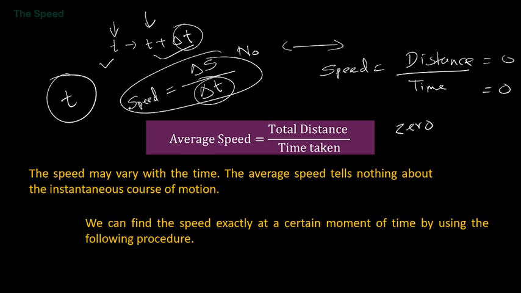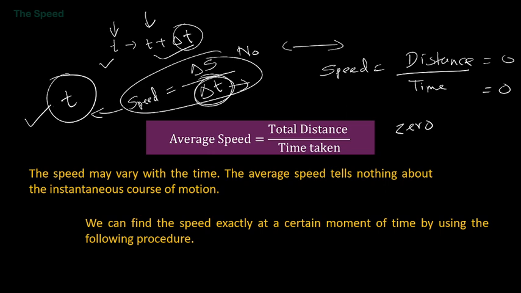So what we expect is that we will get the speed of the body exactly at the moment t by taking the time interval smaller and smaller and smaller. If we go on decreasing the time interval delta t, then we will get different values of speed, and those values may be expected to approach a certain limit value, and that limit value represents the speed of the body exactly at the moment t.